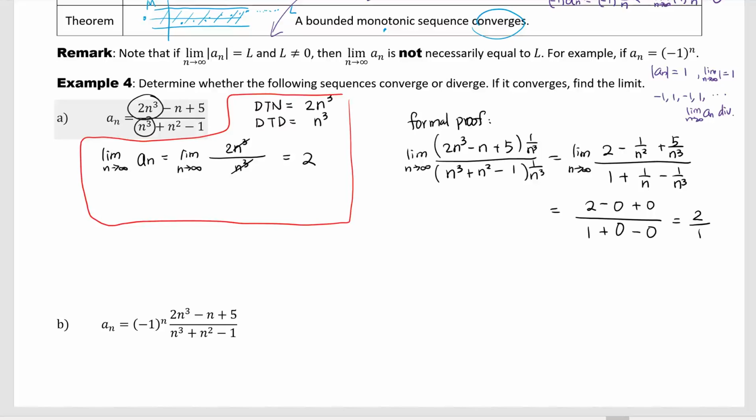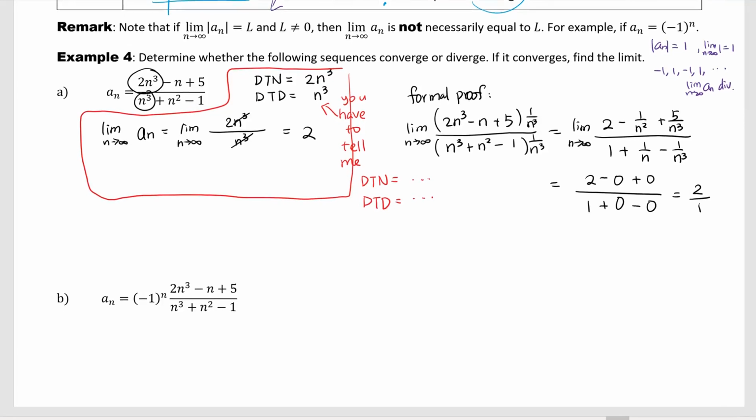But you have to tell me what the dominant term of the numerator is, what the dominant term of the denominator is, okay? Then you can use the limit of the ratio of the dominant terms. Okay, so does everybody understand my requirement? If you have questions, feel free to email me or ask me during my online office hours.